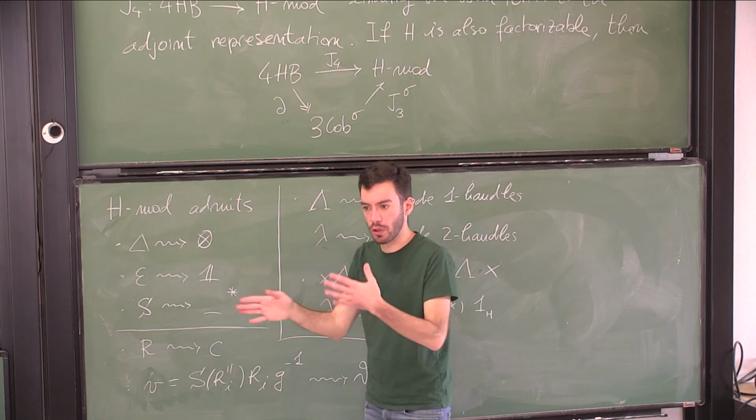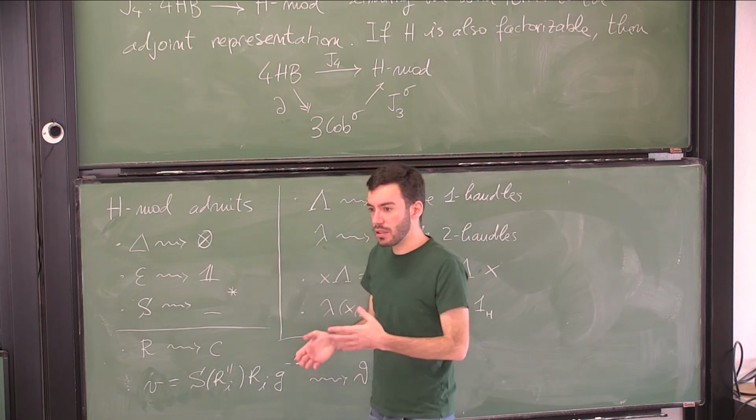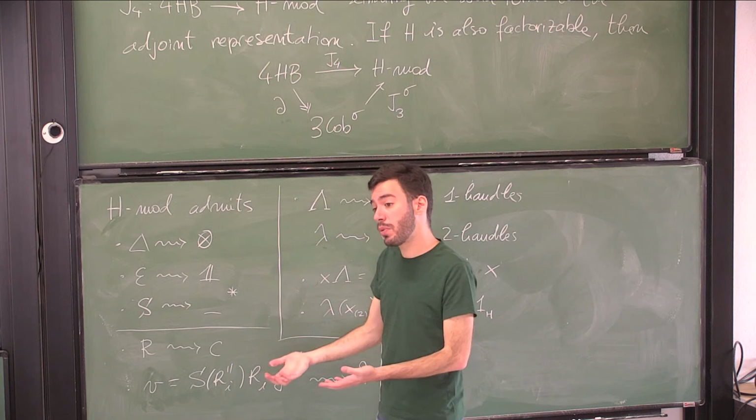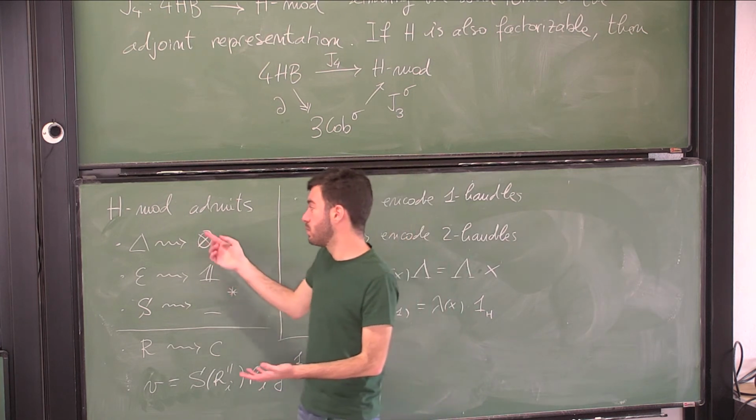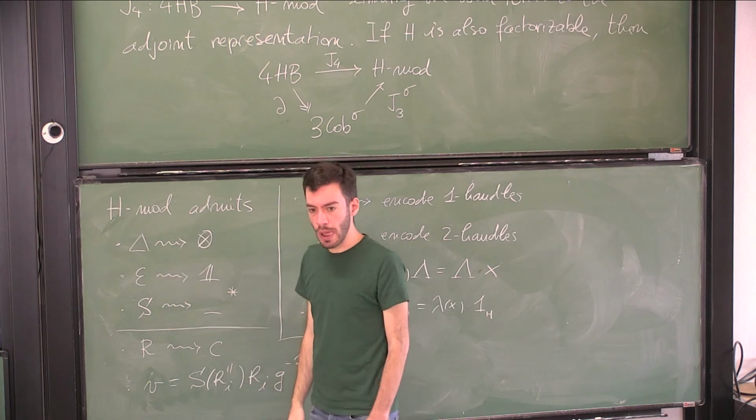And it depends, of course, on the representation structure you consider on H itself. And it turns out that if you consider the adjoint representation, almost everything is, except for the coproduct and the antipode.